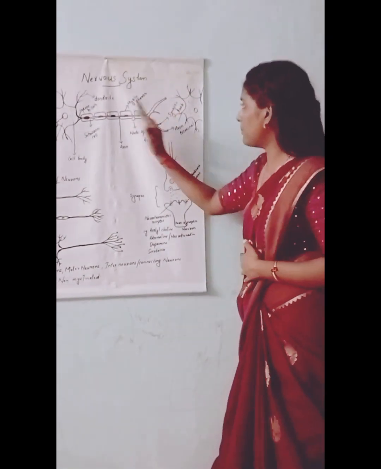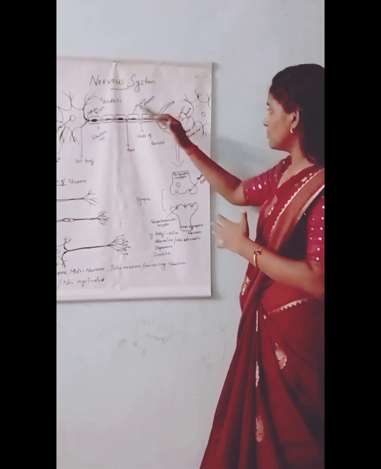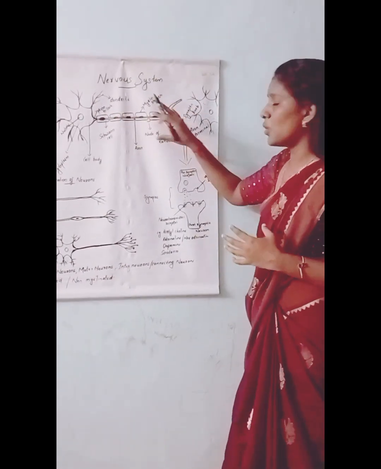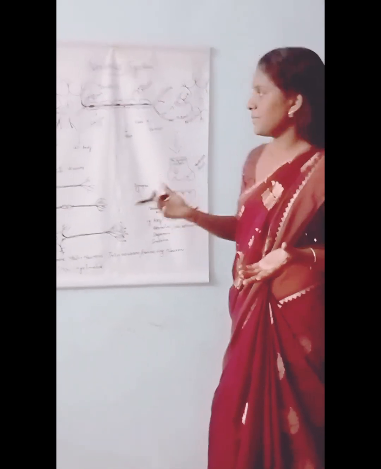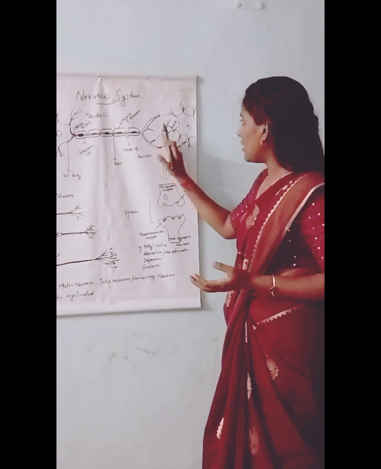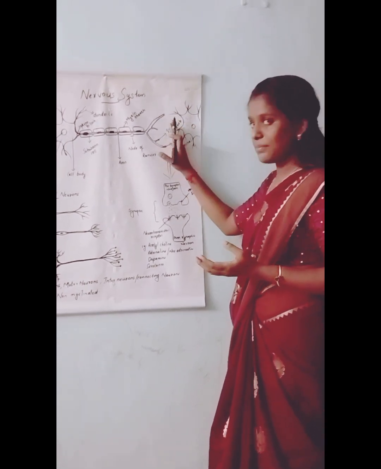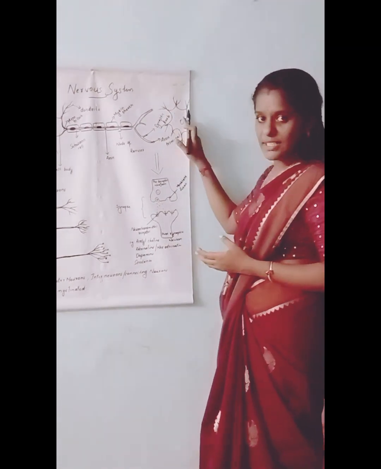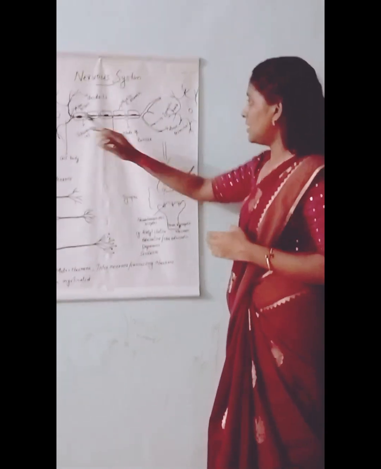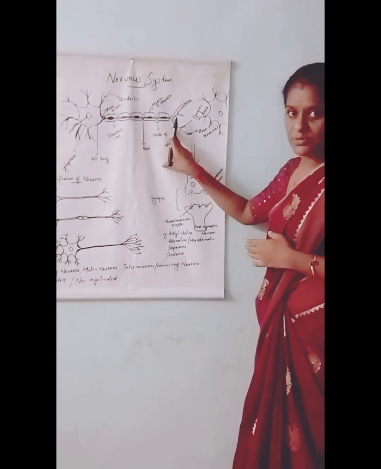The impulses are transmitted across the neuron with the help of the action potential. Okay. After reaching here, the impulses will move to the synapse and then to the dendrites of the adjacent neuron. Here, the impulses are in the form of electrical signals.